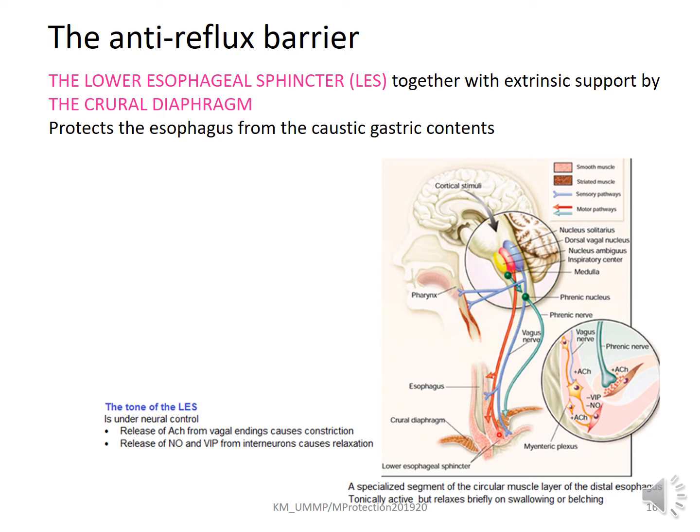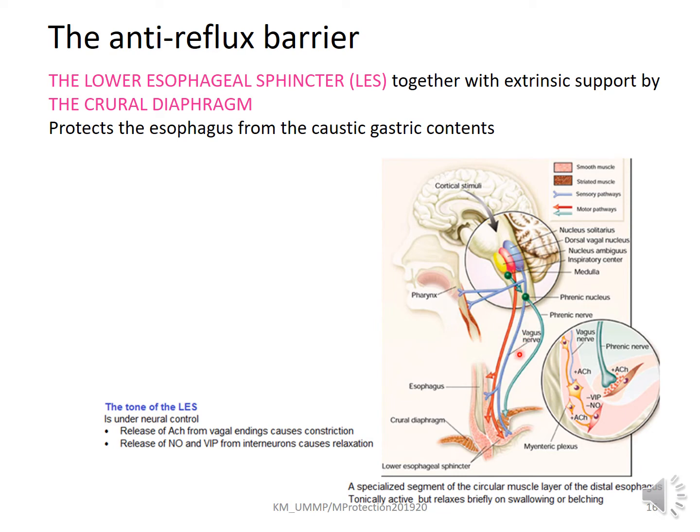The crural part of the diaphragm receives nerve supply from the phrenic nerve, which secretes acetylcholine from its nerve ending as a neurotransmitter. This blue nerve represents the vagus. So this vagal activity regulates the LES condition.